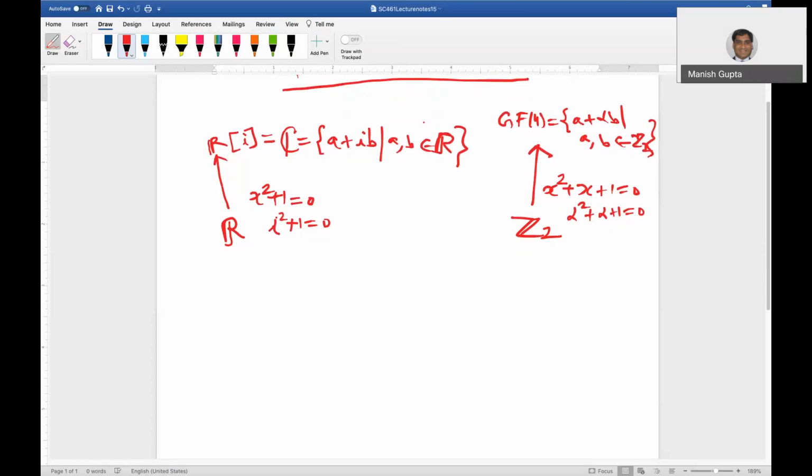So in general, we know that a field with q elements looks like 0, 1, alpha, alpha 2, up to alpha q minus 2. 0 is the additive identity and 1 is the multiplicative identity, right? You can write every element as a power of alpha as well. q is a prime power.